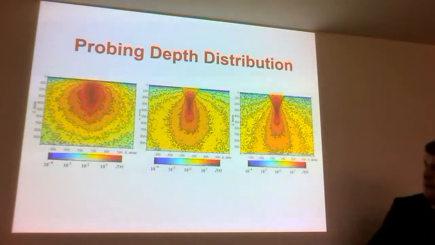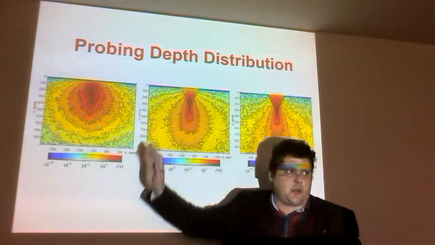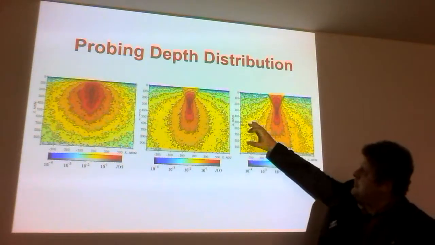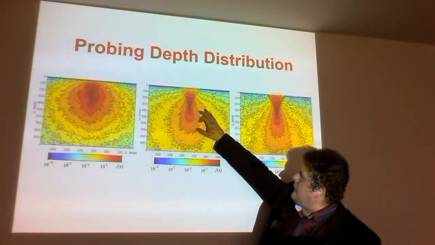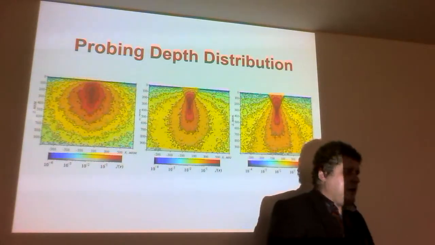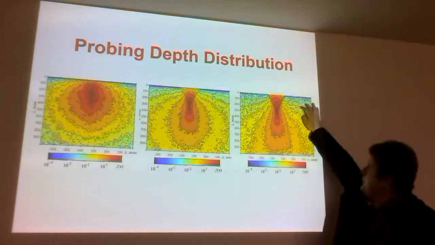For example, if we change the scattering here with so-called optical clearing, we are able to see how the confocal probing will be localized in the particular area with the changes of scattering and absorption properties of the area.